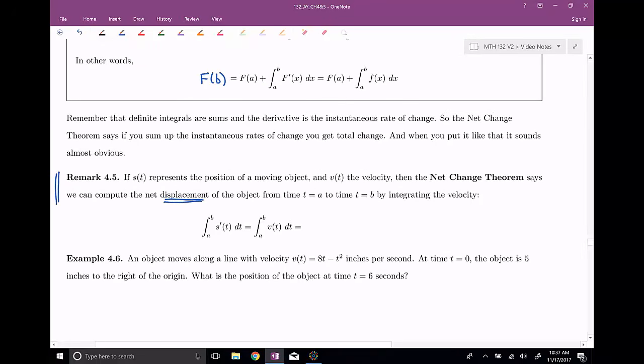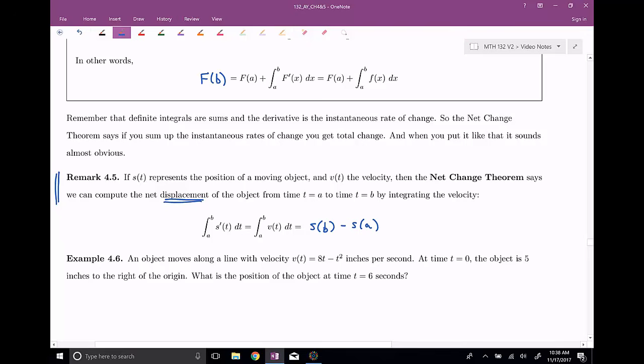That is, if you integrate the instantaneous rate of change of the position, aka s'(t), well, that's the same thing as velocity. We went over that in section 7 of chapter 2. This is going to be equal to your position at your ending time, b, minus your position at your starting time, when t equals a.